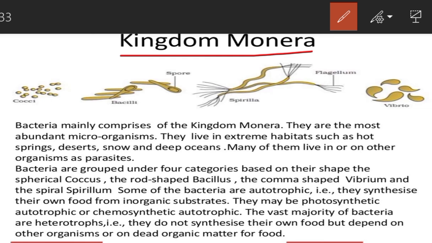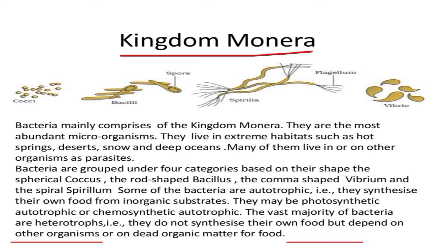Second, the cell wall contains peptidoglycan or murein, that is no cellulose, and membrane bound cell organelles are not present. Third, they have various types of mode of nutrition like saprophytic, parasitic, chemoautotrophic, photoautotrophic and symbiotic.